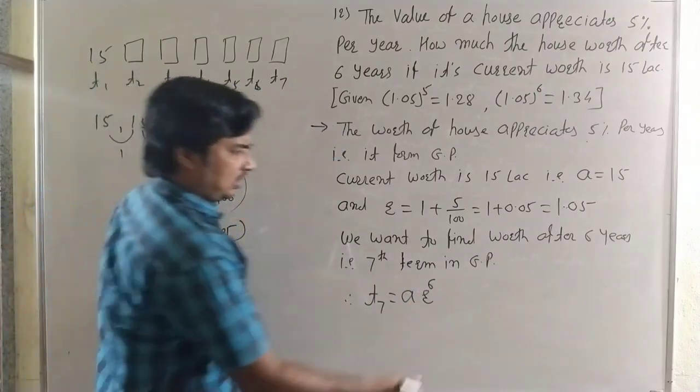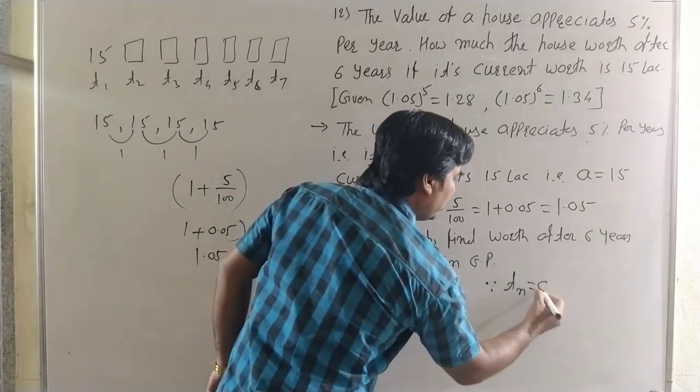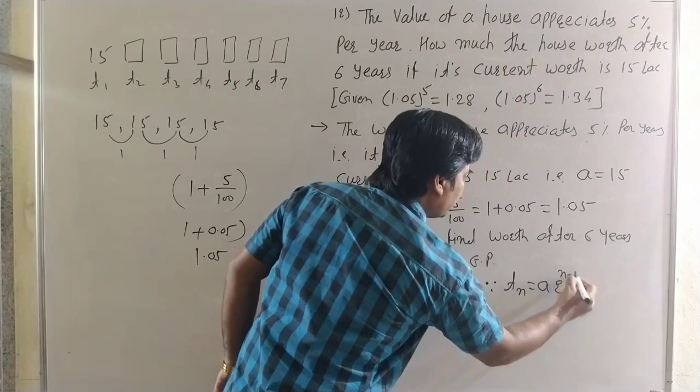The formula for the nth term is Tn equal to A into r to the power n minus 1.